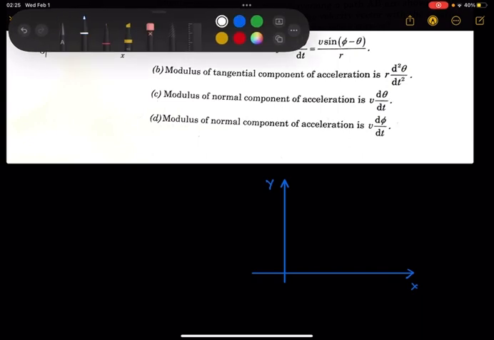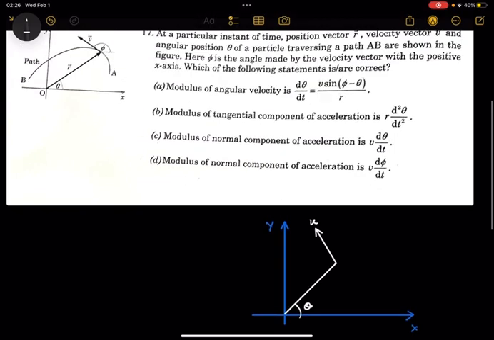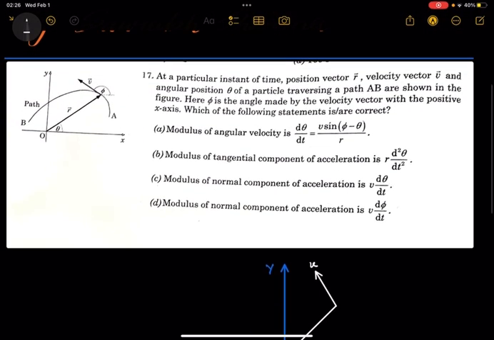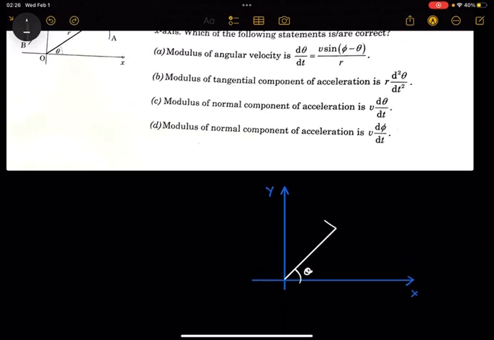It is saying that a particle is located somewhere at an angle theta with some velocity, say v. And v makes an angle phi from somewhere. So for better understanding, this is your v here, and this subtends an angle phi.